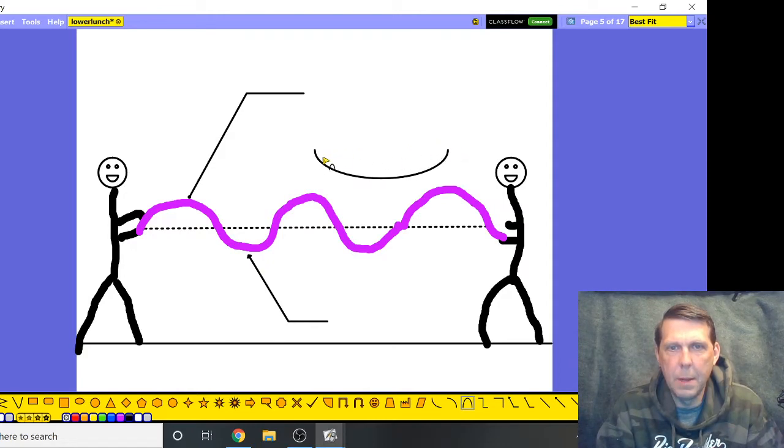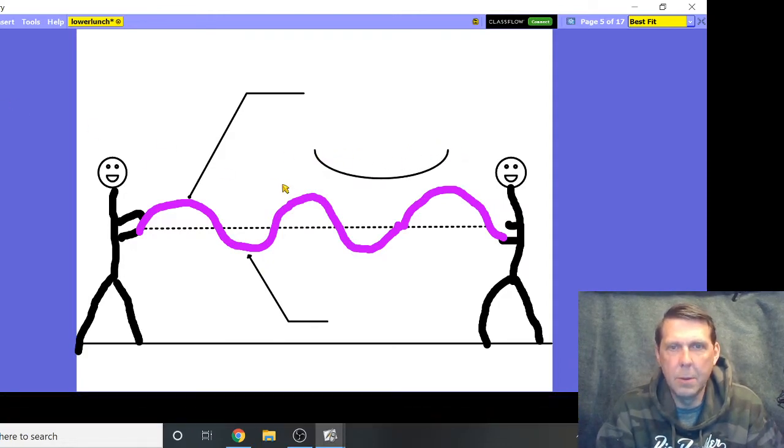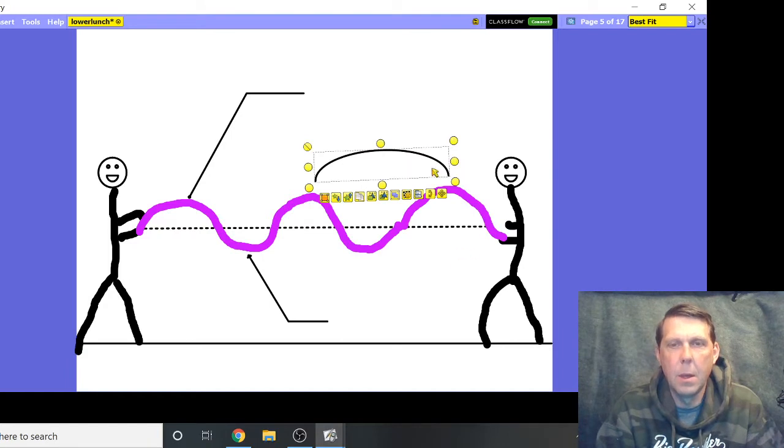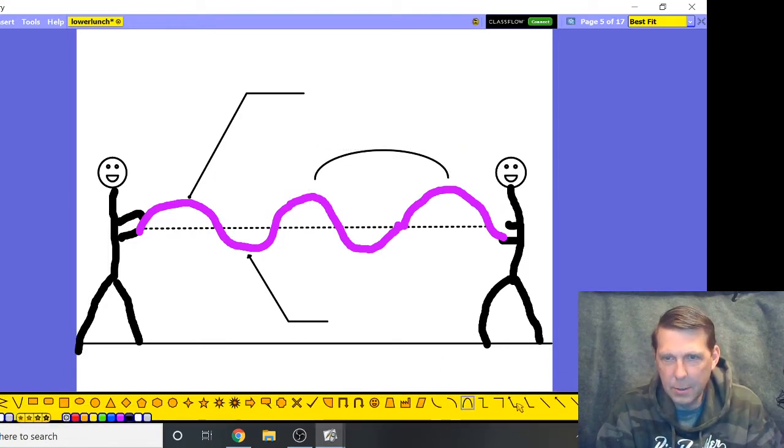We have to flip that around. Now we got a smiley face, we don't want that. What we want is that. Let's turn a little bit more. There we go. Let's put another shape in here. Let's go vertical. And there you go.